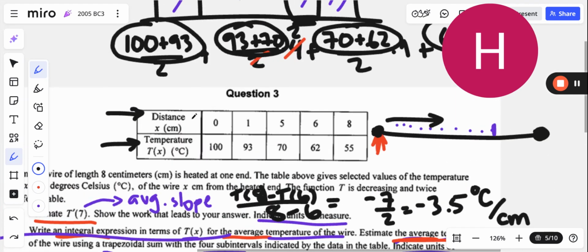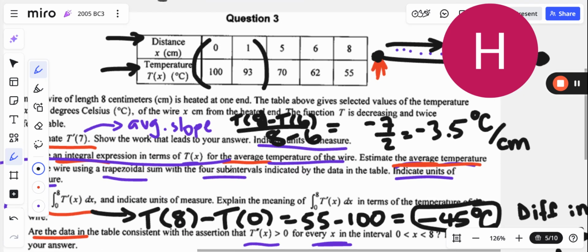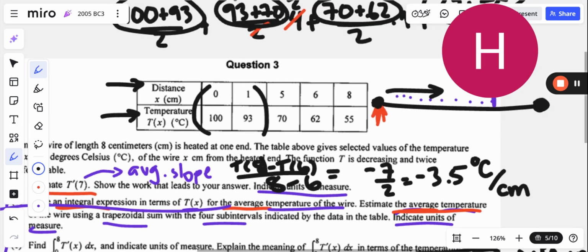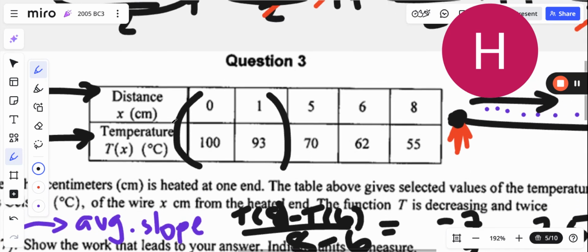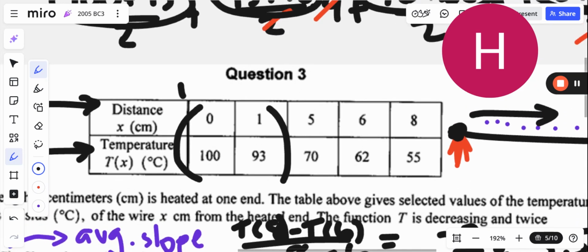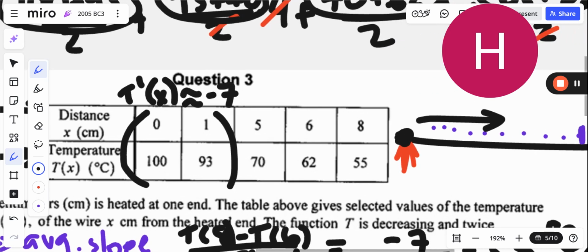So we need to look at a couple of spaces where we can get the T prime and compare it. So let's see, on the interval from 0 to 1, that's just the way that I'm approaching it anyway. On the interval from 0 to 1, what is the T prime? We can say T prime is approximately -7 right there, right?